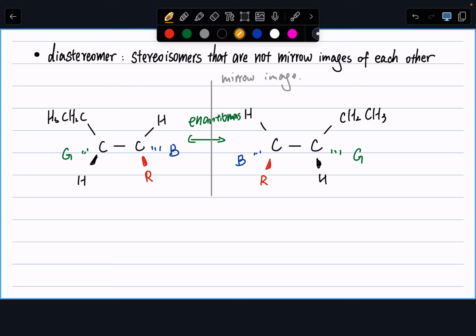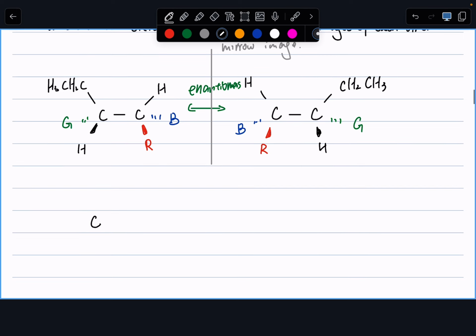So let's draw it on paper. What does that look like? I'm drawing the molecule on the right. We have a carbon, and then the hydrogen.